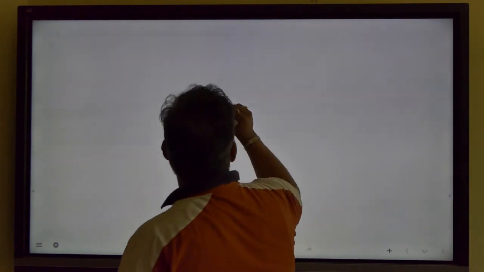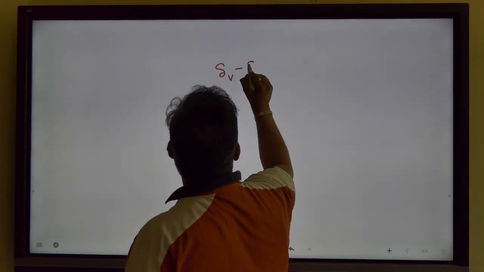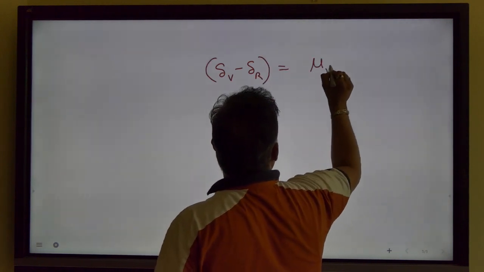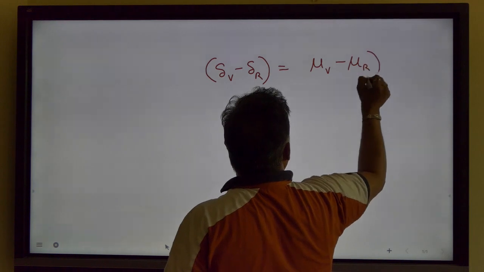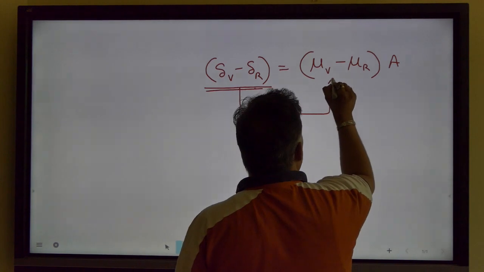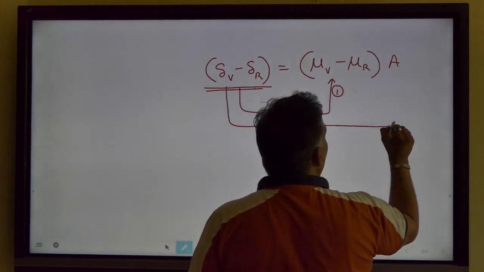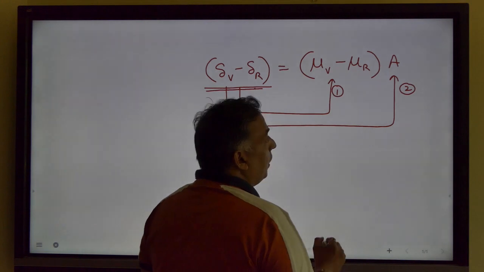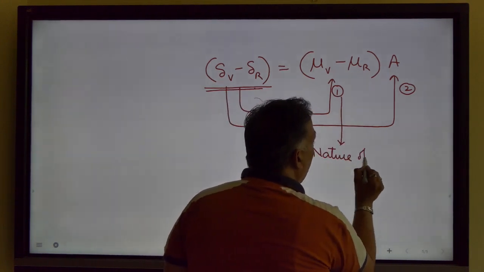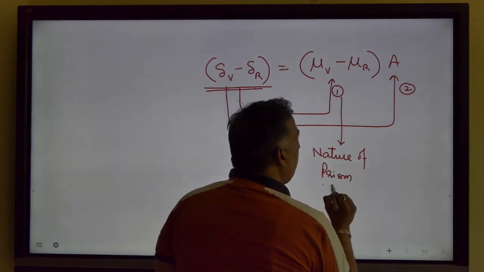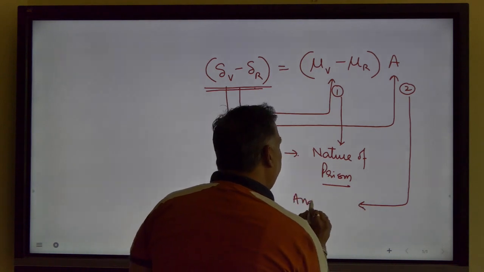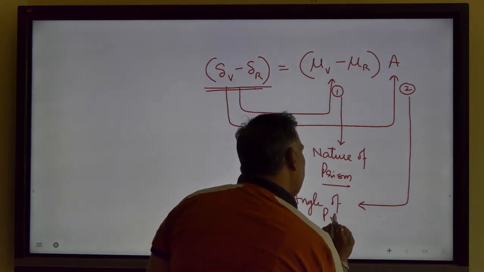So angular dispersion is equal to (mu V minus mu R) into A. It depends upon two factors: number 1, the nature of the prism, and number 2, the angle of the prism.